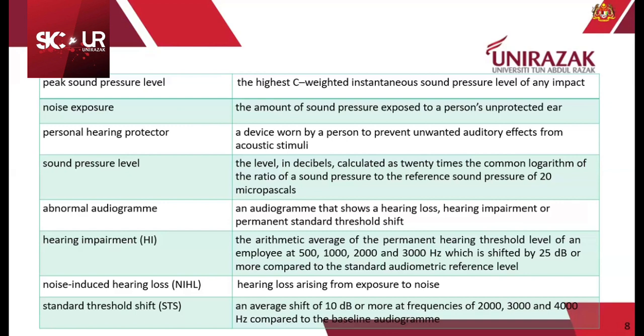Hearing impairment, HI, is the arithmetic average of the permanent hearing threshold level of an employee at 500, 1,000, 2,000 and 3,000 Hz, which is shifted by 25 decibel or more compared to the standard audiometric.